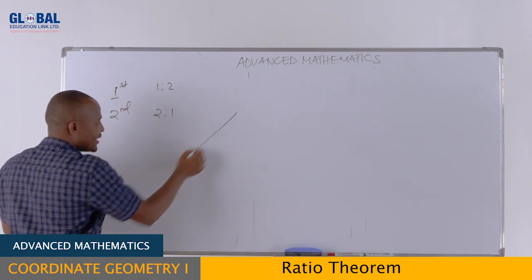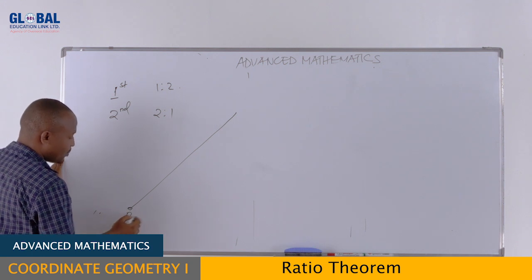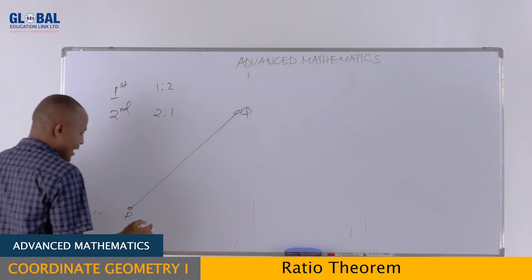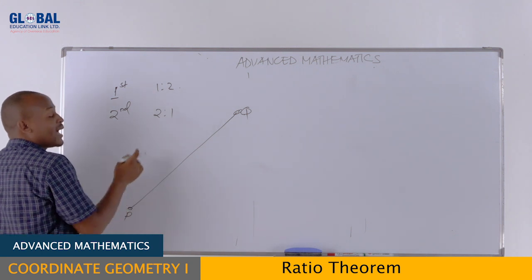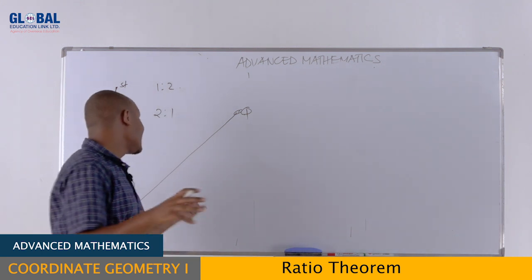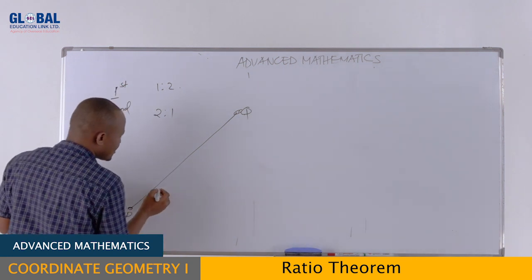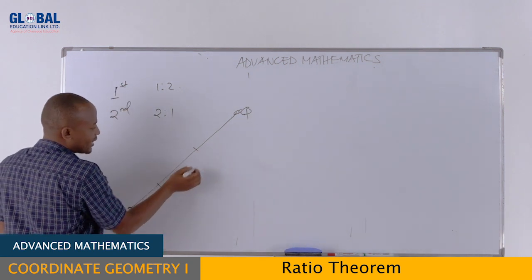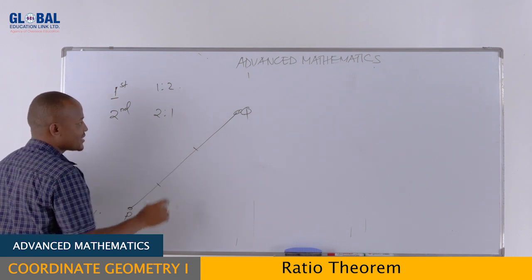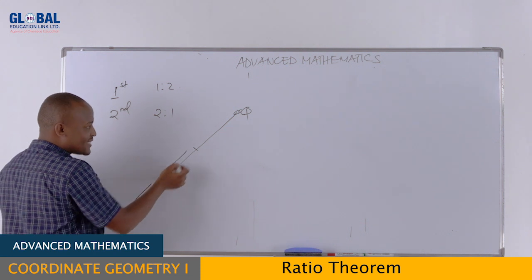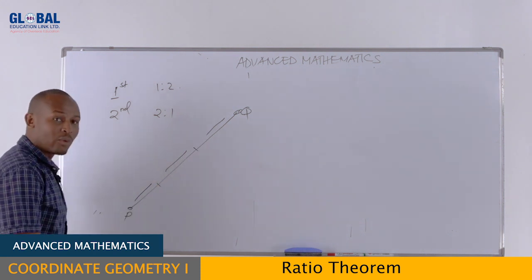That is to say, in a trisection, if we have a point P and a Q, trisection tries to divide this line into 3 equal parts. If these 3 parts are equal, it's just a sketch, that distance there and that distance should be equal.